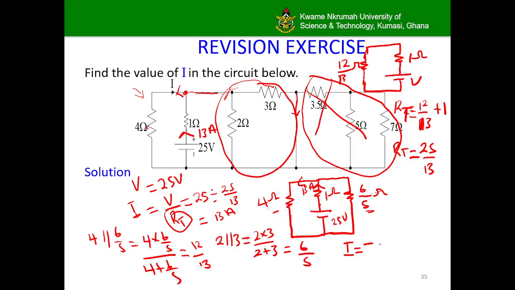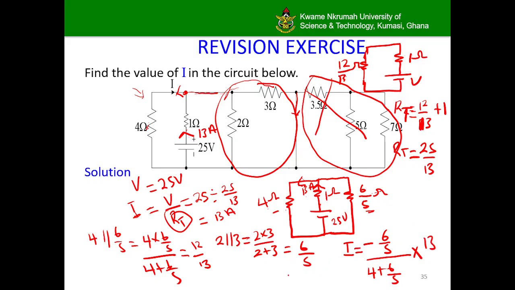So we apply current divider rule here. To apply current divider rule, we do the other resistor, which is 6 over 5, divided by the sum, which is 4 plus 6 over 5, times the currents they are sharing, which is the 13 amps, times 13.